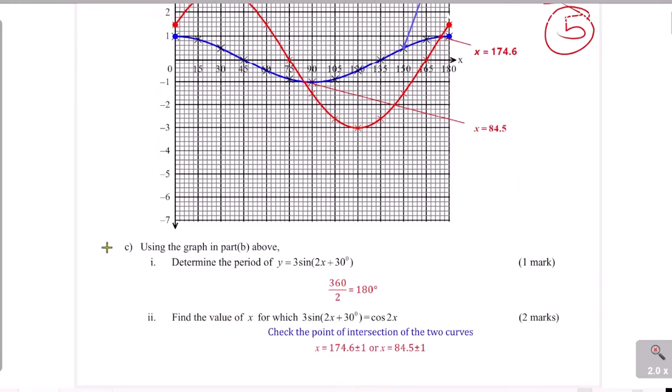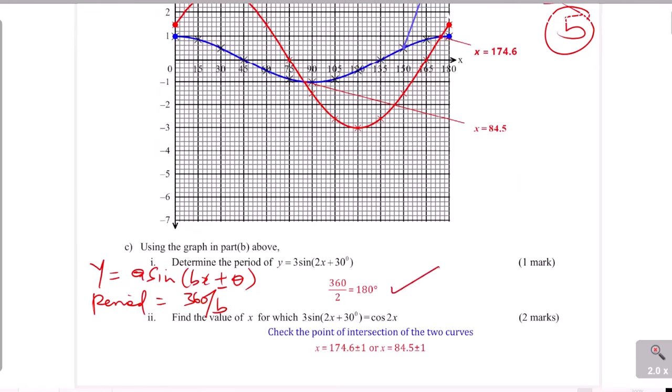Remember, if you have the equation y equals a sine (bx plus or minus theta), then the period is given by 360 divided by b. In this case, b is 2. So 360 divided by 2, you get 180.